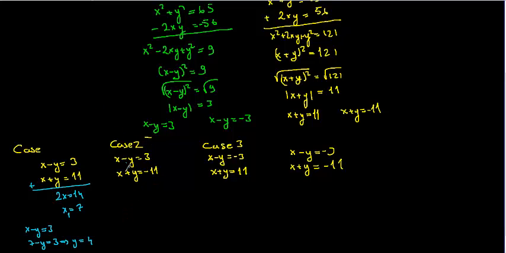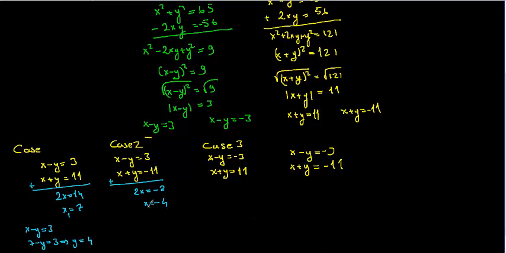Okay, the second case, it's going to be x minus y is equal to 3, x plus y is equal to minus 11. 2x is equal to minus 11 plus 3, it's going to be minus 8, x is equal to minus 8 over 2, which is equal to minus 4.